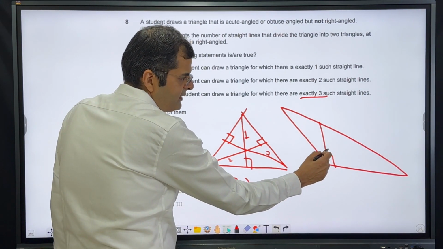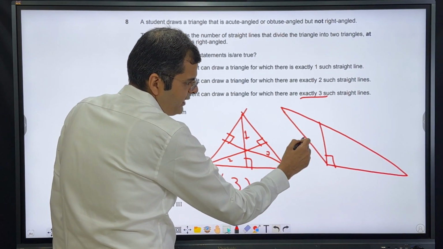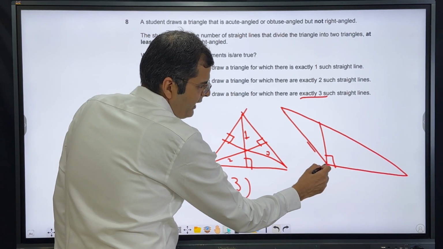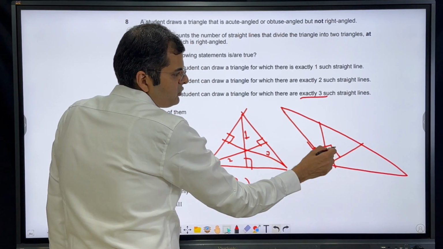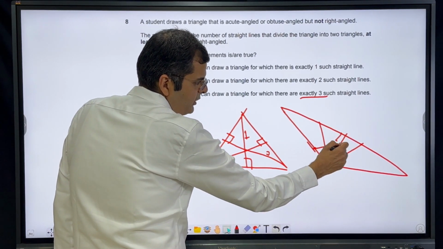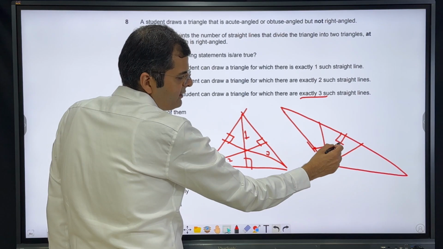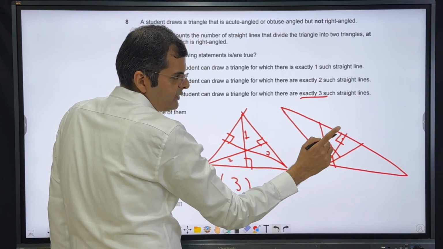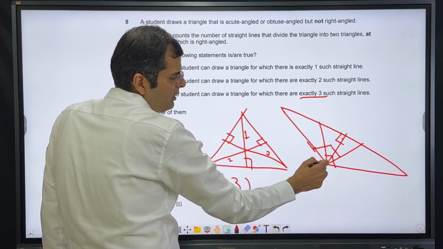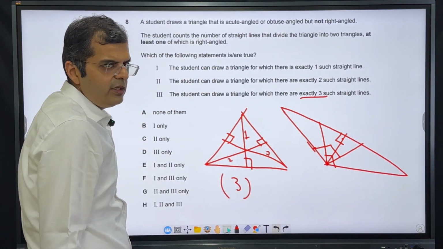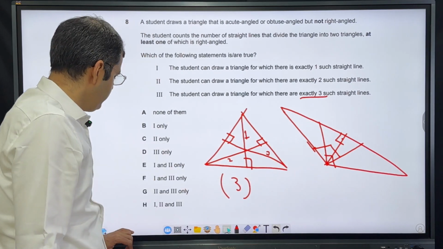So I can get this line. Similarly, taking this as one of the sides, I can then drop a 90 degree angle like this. And I have already drawn the altitude. So even in the obtuse angle triangle, I can get this altitude, which is one of the lines. The other two lines are 90 degree to the other two sides, which are not the longest side of the obtuse angle triangle.